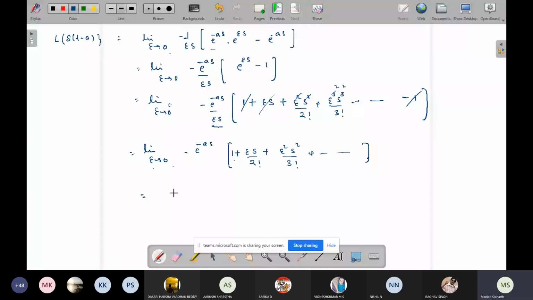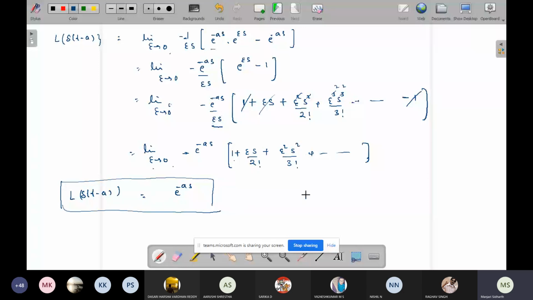So here you will get e power minus as. Now I'm getting confused about the minus sign. I think I have made a mistake somewhere. There should not be any minus here. So please check your calculation, or you can try by yourself. The Laplace transform of the Dirac delta function is simply e power minus as.